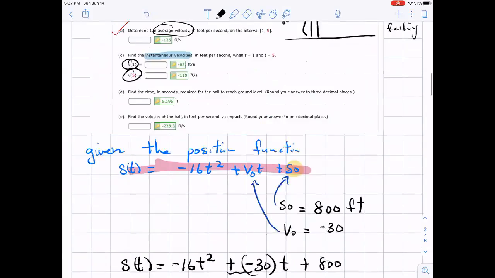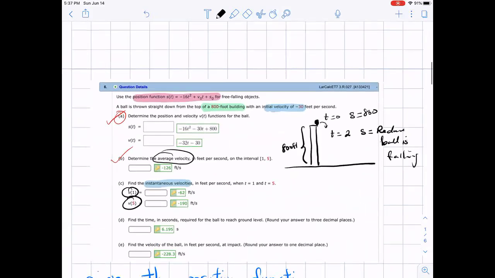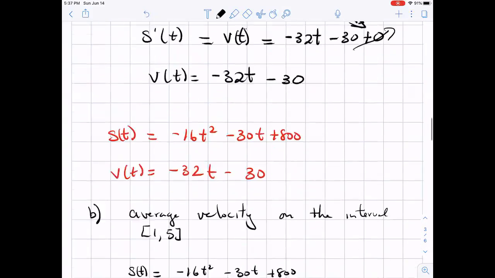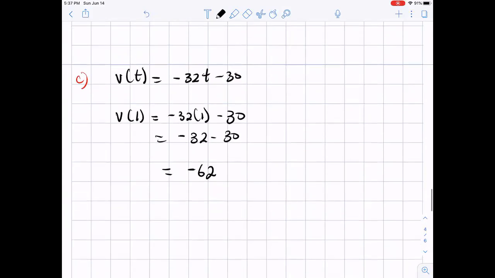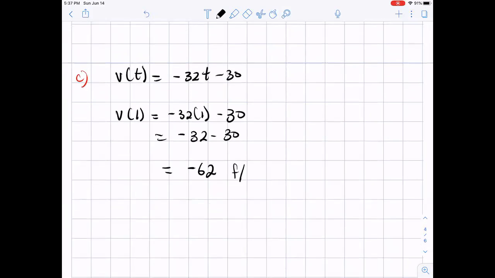Now, if you look at the question once again, it's asking you for the instantaneous velocity, meaning the speed of the motion of it. So that will be feet per second also.